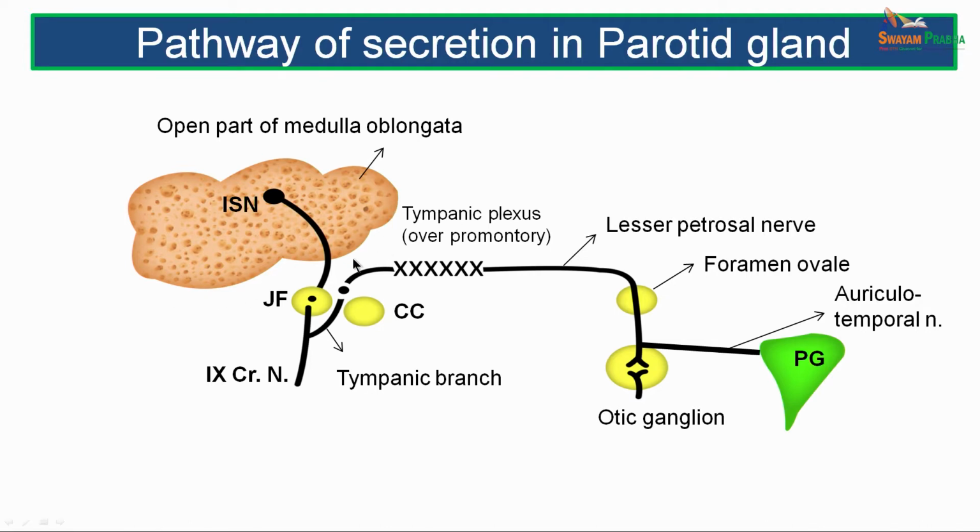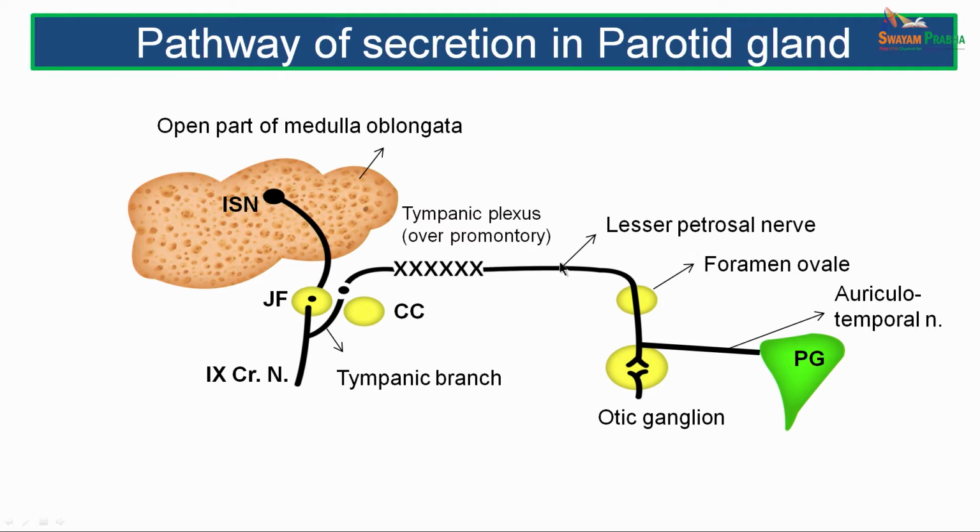Here we see the open part of the medulla oblongata, which has the inferior salivatory nucleus. Fibers from here travel through the glossopharyngeal nerve, leaving through the jugular foramen, and then the nerve gives out the tympanic branch, which passes between the jugular foramen and the carotid canal and forms the tympanic plexus over the promontory.